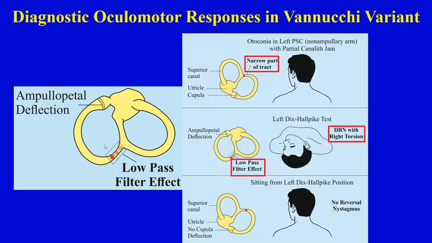And as the patient is made upright from the left Dix-Hallpike position, there is hardly any movement of the otoconal debris in the non-ampullary arm because of the canal jam, and there is no cupular deflection. That's why there is no reversal nystagmus.